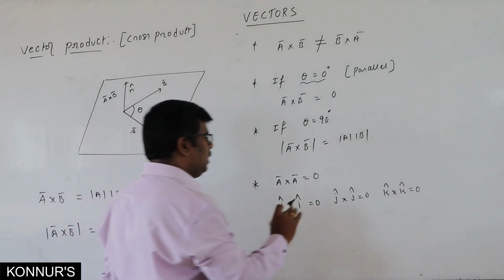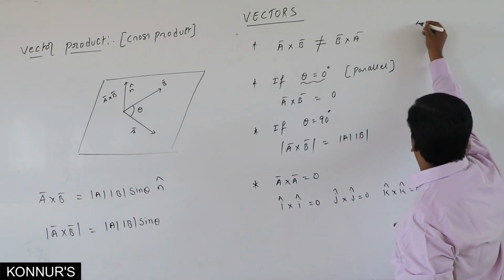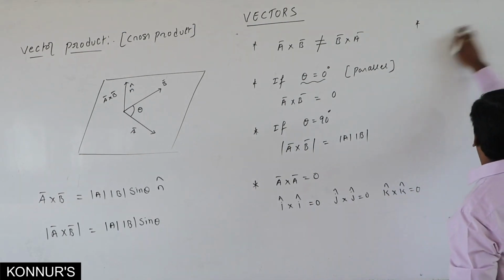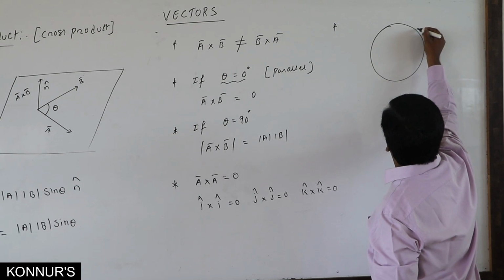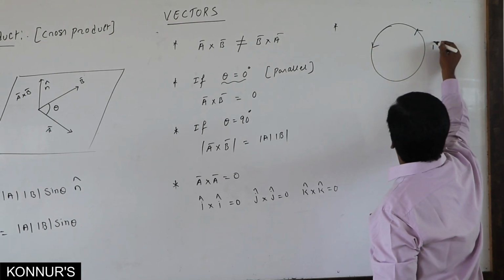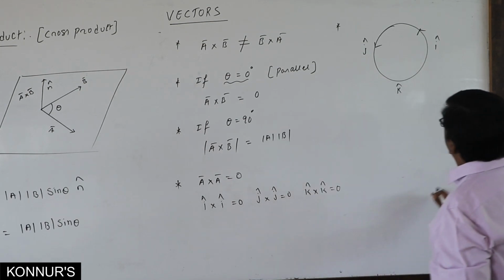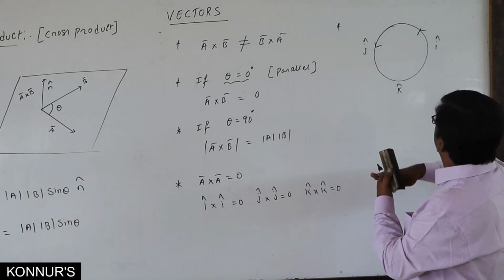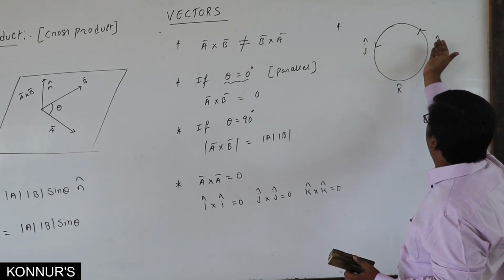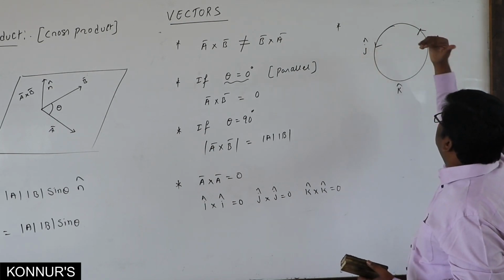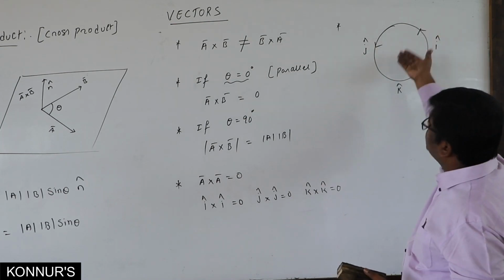But how to find the product of two orthogonal vectors? We follow this rule. Take the anti-clockwise direction i, j, k cap. The product of orthogonal vectors in the anti-clockwise direction: if you multiply any two, you get the other one with a positive sign.